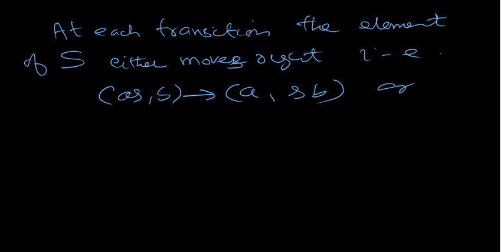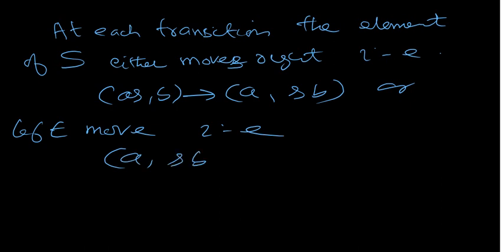Or a left move. A left move means that (A, SB) goes to (AS, B). Now we see that if we have two successive right moves or two successive left moves, then we can club these two right moves into a single move.